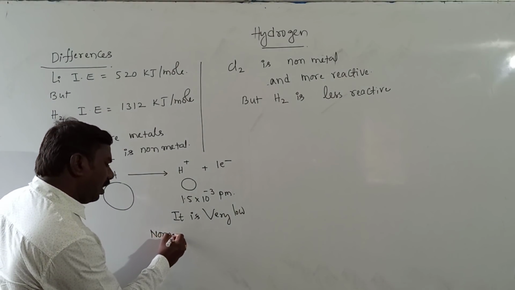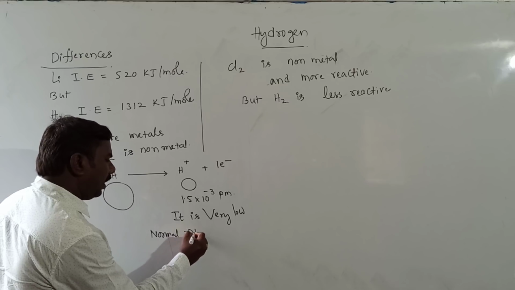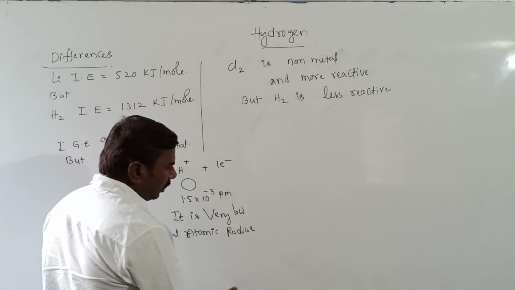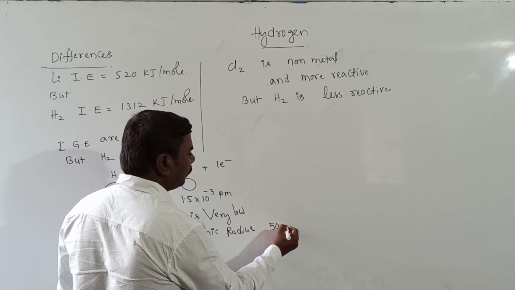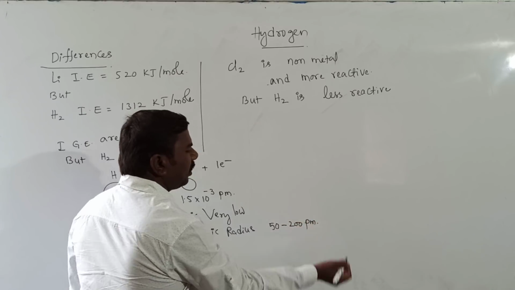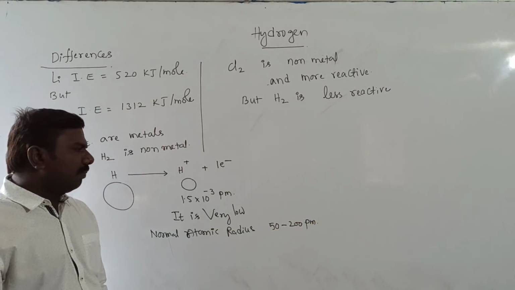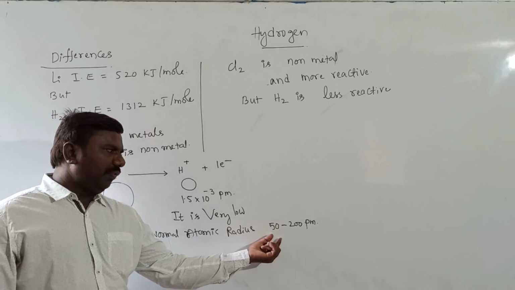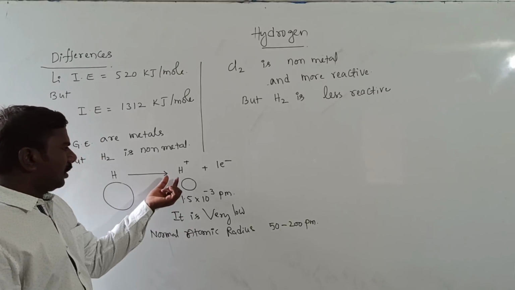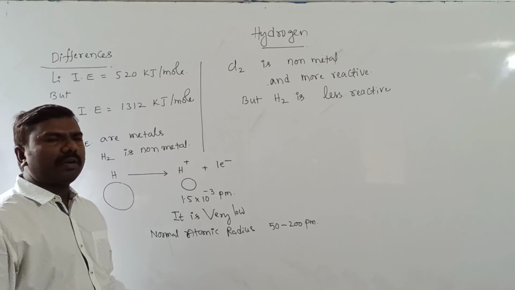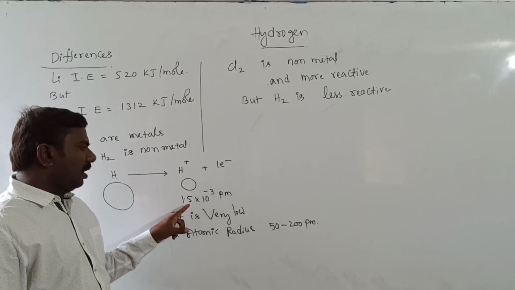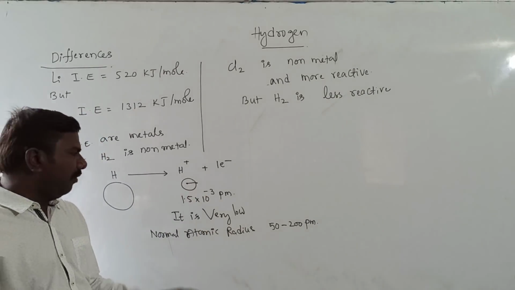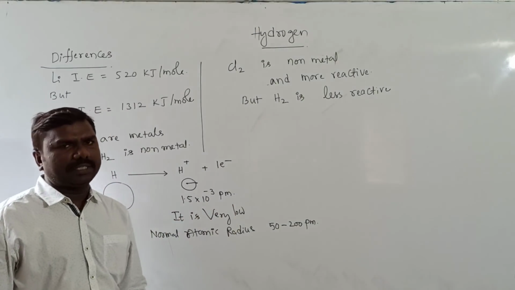Normal atomic radius is 50 to 200 picometers. Generally in nature, most atoms or ions have radius ranging between 50 to 200 picometers. But if hydrogen loses one electron, forming H plus, the radius will be 1.5 into 10 to the power of minus 3 picometers.